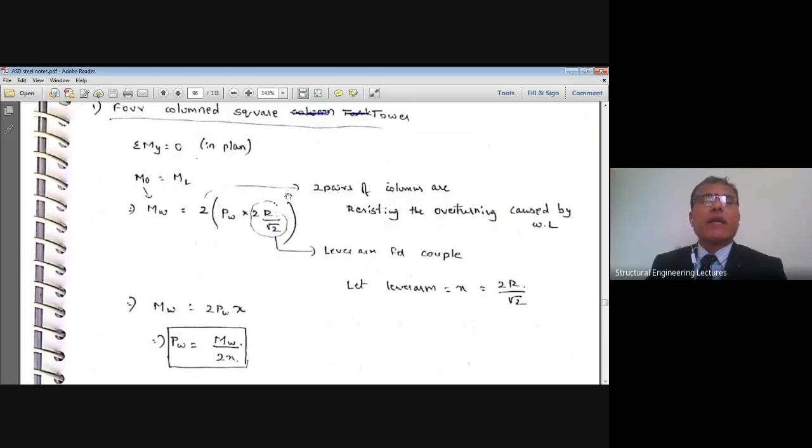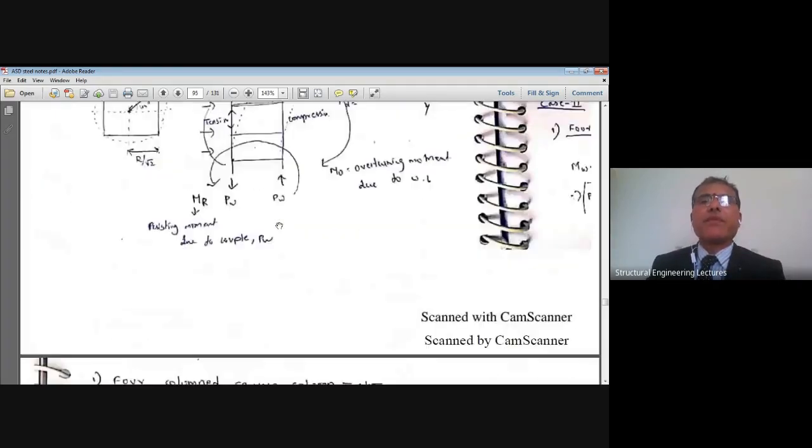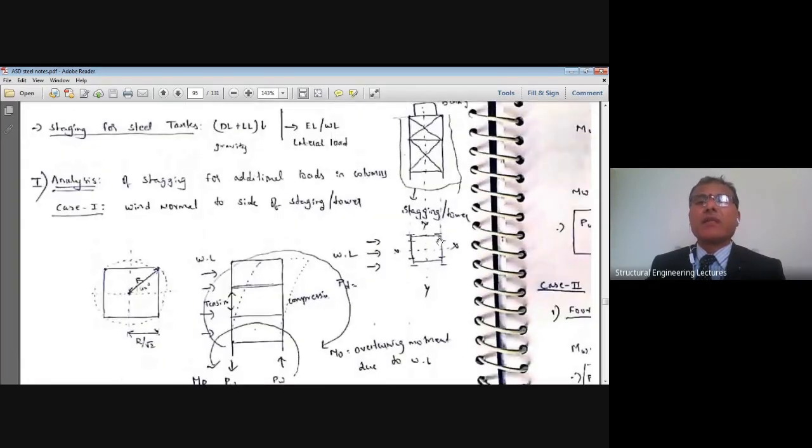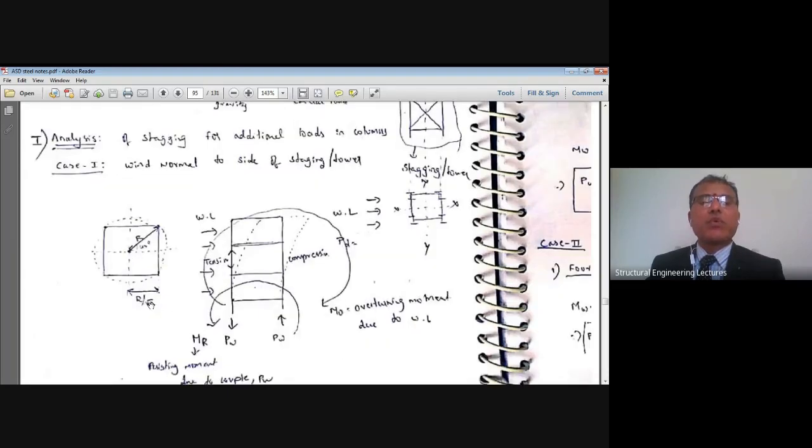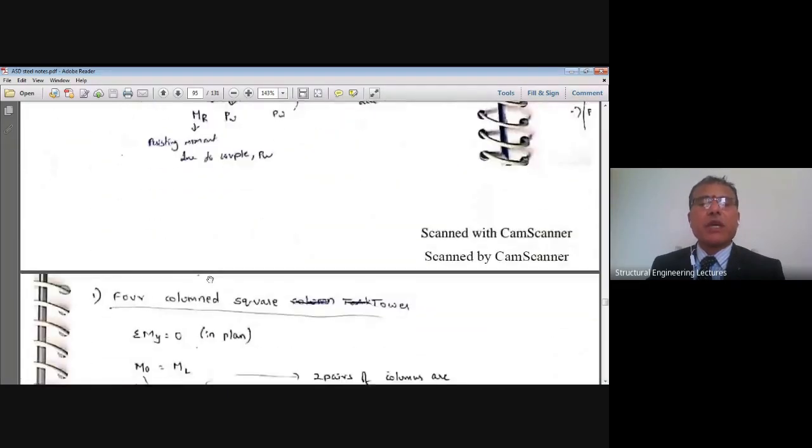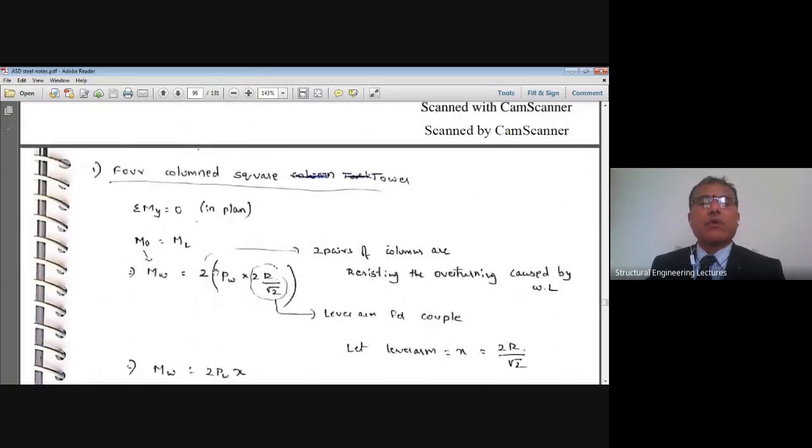The resisting moment is because of the 2 couples which are formed here. This is one couple and another couple, which are at a distance of 2 multiplied by r root 2. The perpendicular distance between these two is 2r root 2. Hence there are two such couples, with a force multiplied by the perpendicular distance 2r root 2.